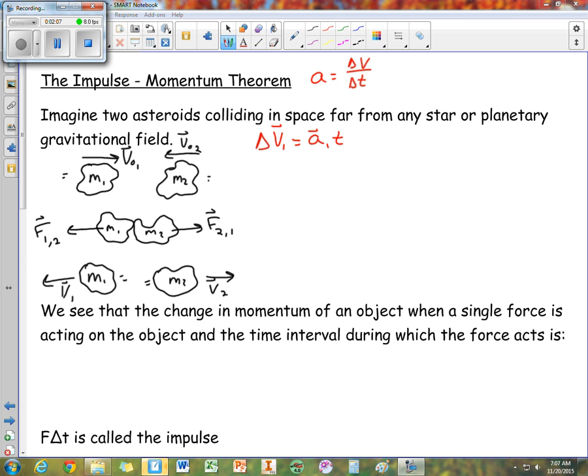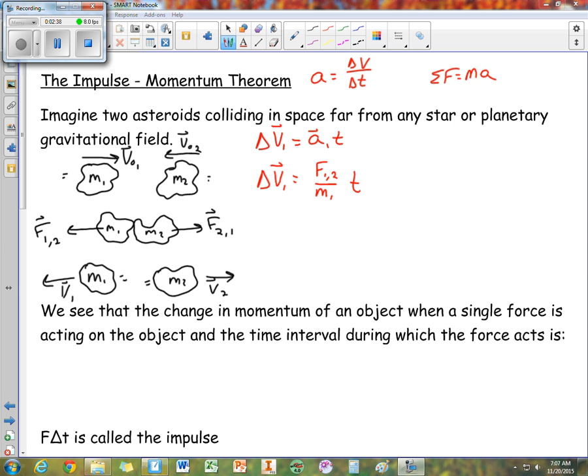Well, we also have something that says that the sum of forces equals mass times acceleration. So for object 1, there's only one force acting on it during the collision. So I could say that the change in object 1's velocity would equal this force F1,2 divided by mass times t.